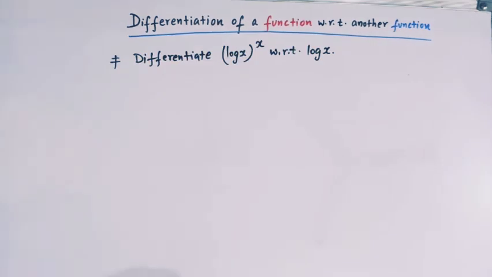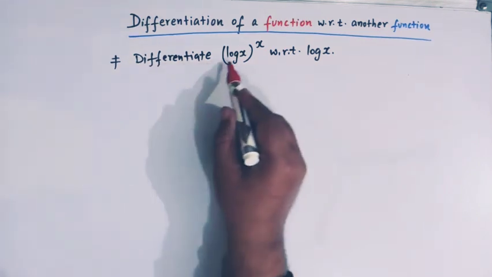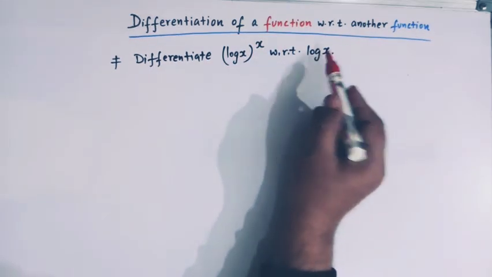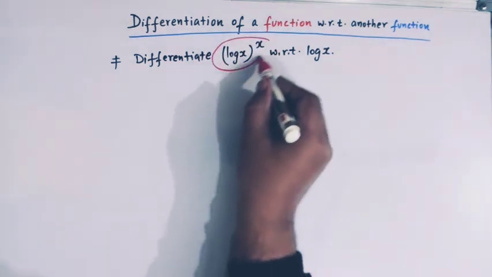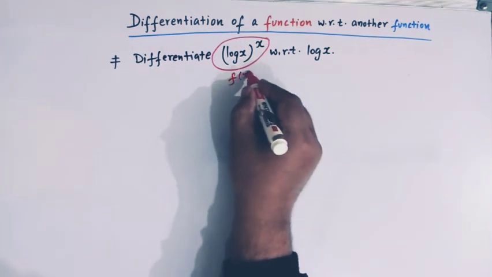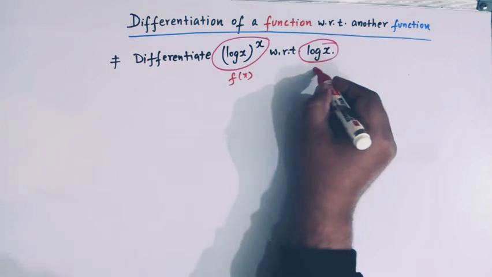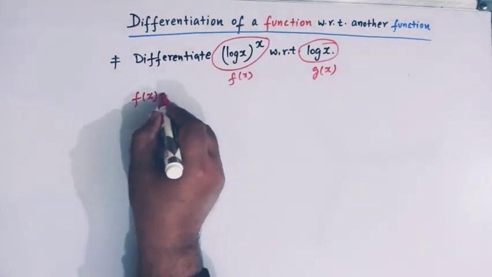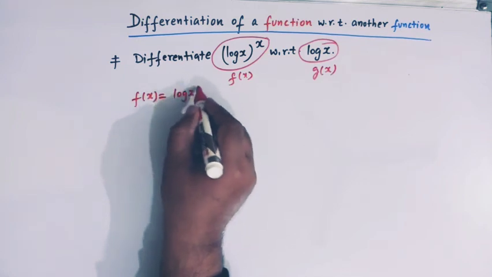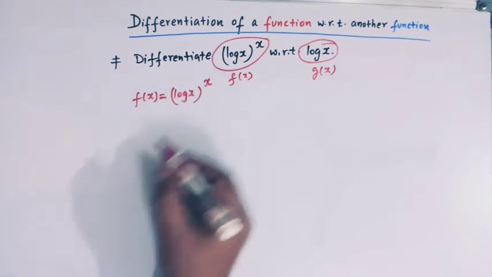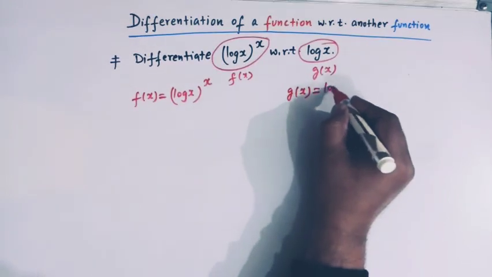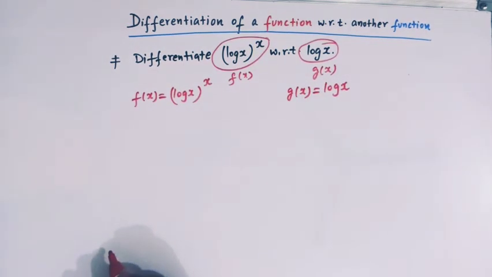Now let us take one more problem. Here we have to differentiate (log x) raised to x with respect to log x. So what we will do, we'll take this as f of x and this as g of x, right? So f of x is (log x) raised to x and g of x is log x, right?